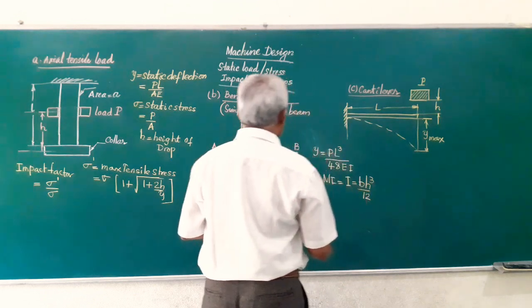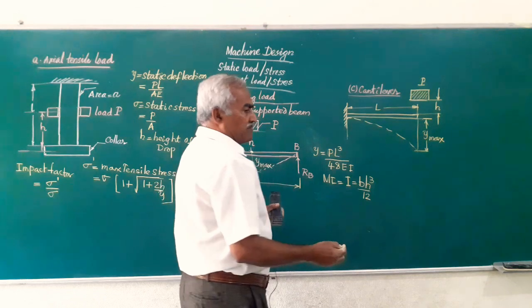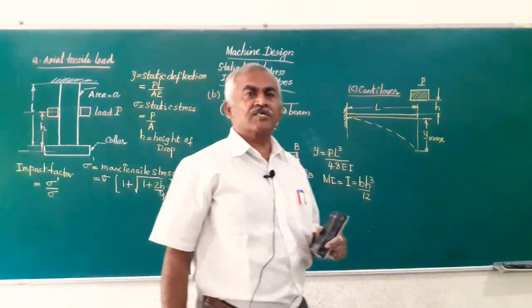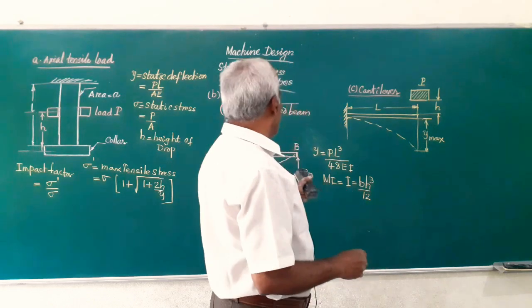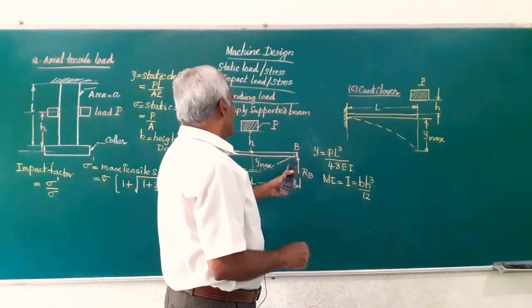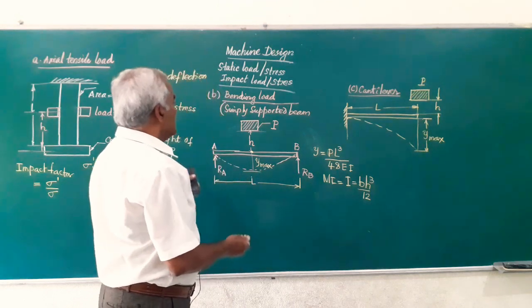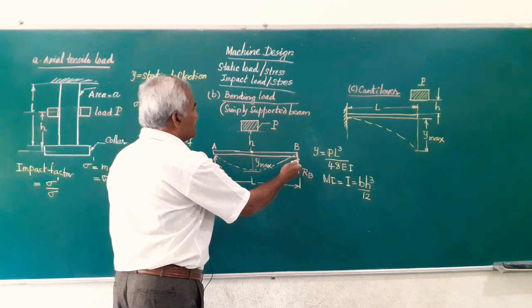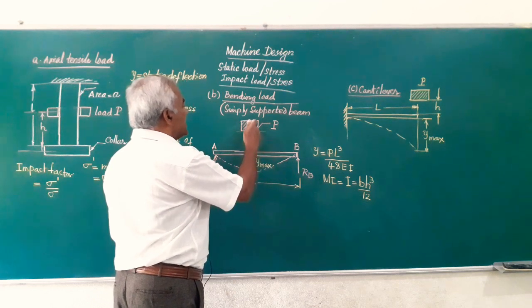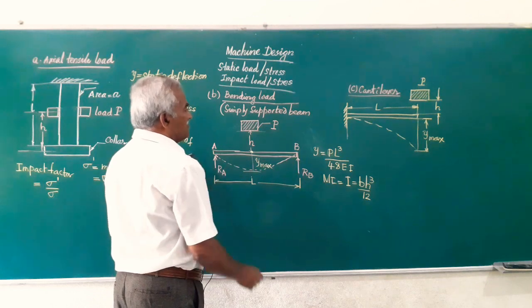So friends, here we have this formula to find the deflection, and by using the formula sigma b dash equal to sigma b into the impact factor, you will be able to find the value of these parameters. And again in this question, they might ask you what is the load required to cause a deflection of so much, or what should be the height of drop to obtain a particular value of maximum deflection.